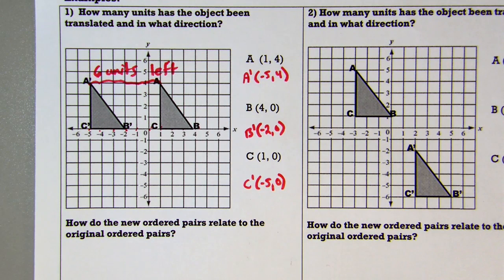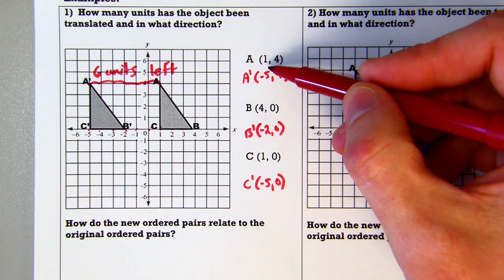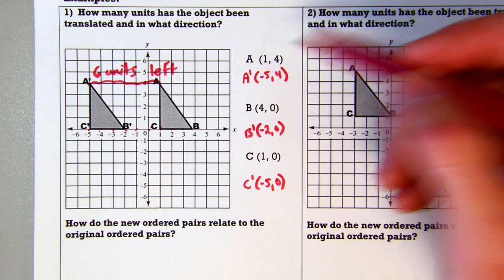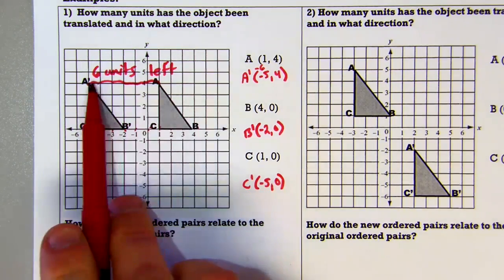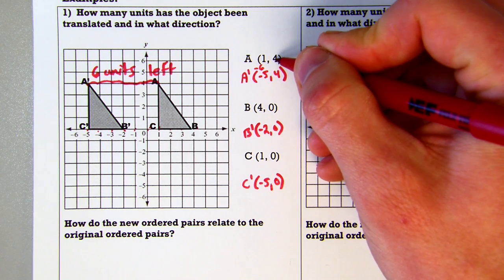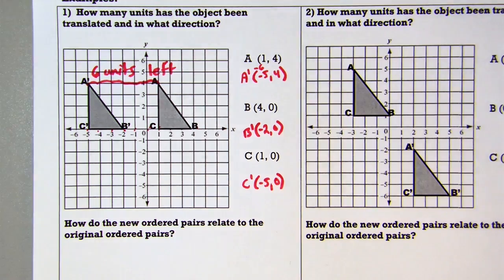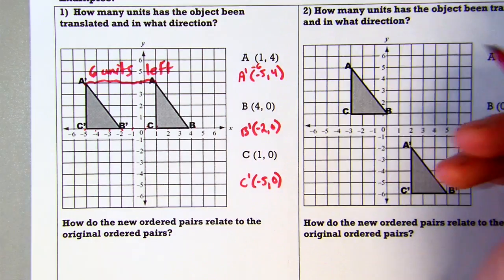One of the things we notice is that if we look at our coordinate points and how much they moved, our x coordinate is minus 6. Just like we go 6 to the left, it goes minus 6. And then we notice that our y coordinate, 4, stays the same. Same with 0, 0, 0, 0. So nothing's happening with our y coordinate, but our x coordinate, we're doing minus 6.